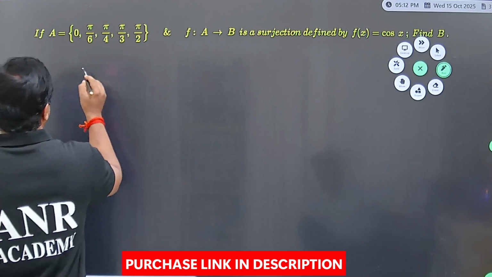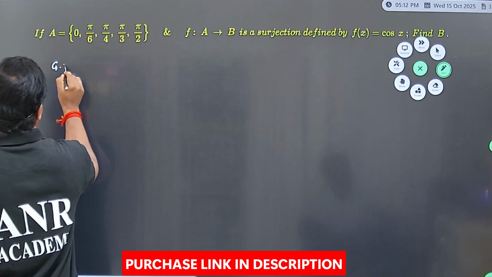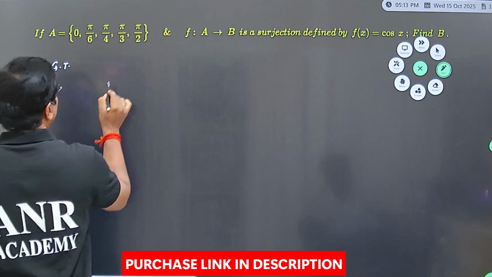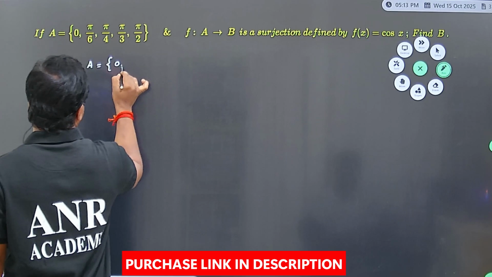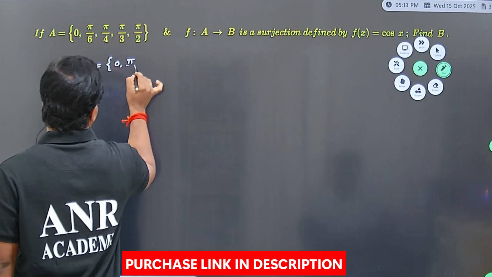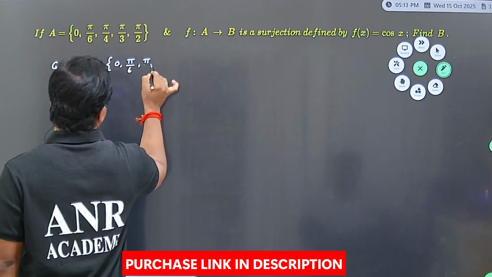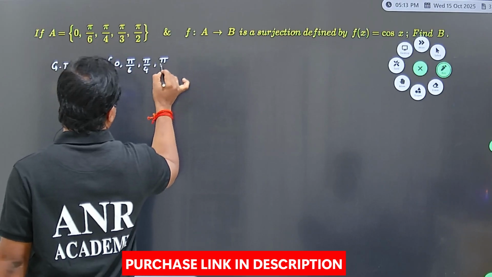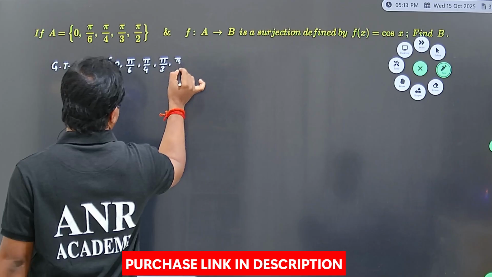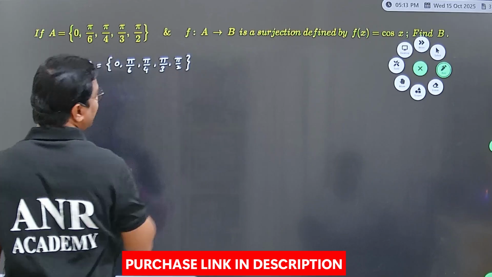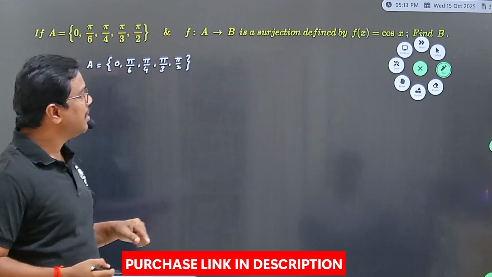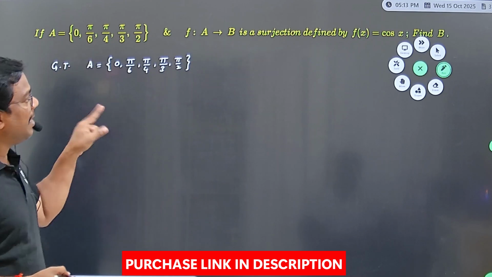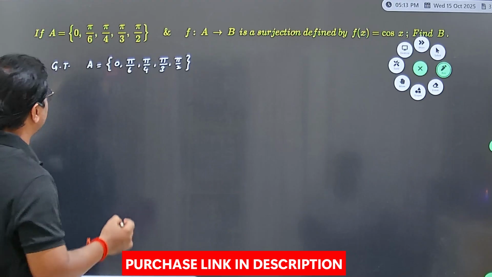First, I am going to write the given data. Given that capital A has elements 0, pi by 6, pi by 4, pi by 3 and pi by 2, and given that f mapping from A to B is a surjection defined by f of x equal to cos x.